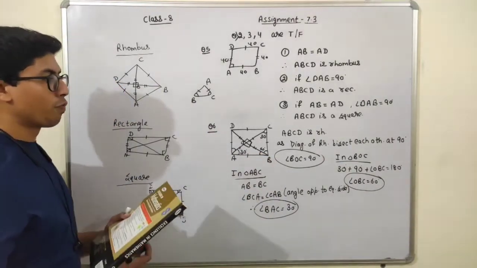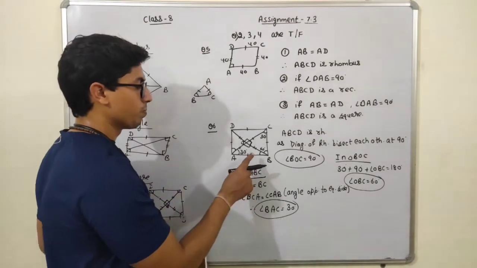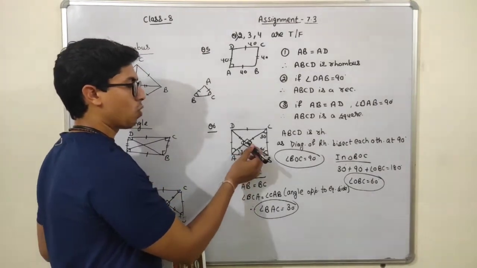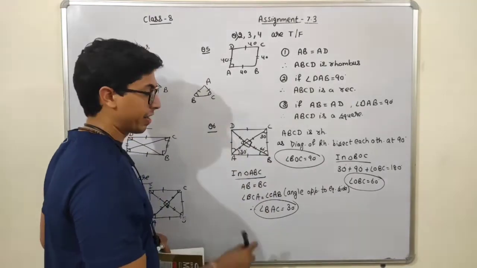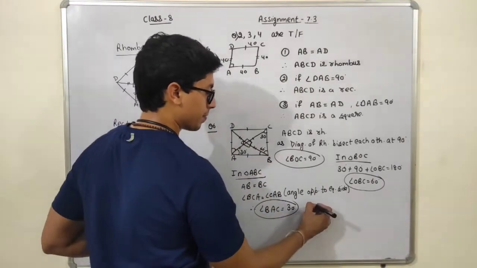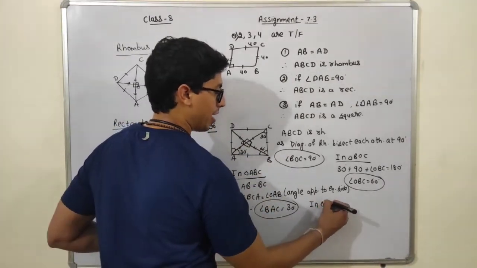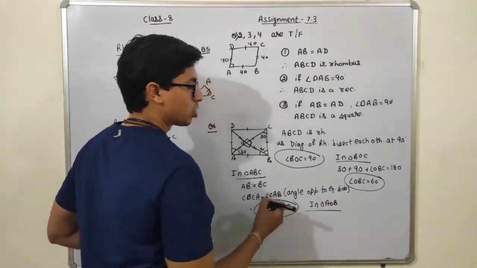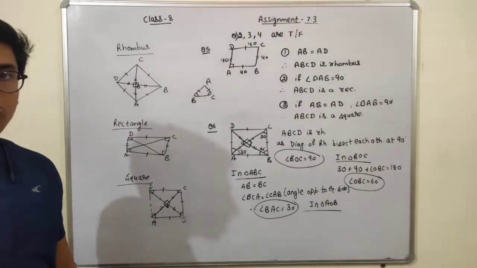To find this angle, I can take triangle AOB. The sum of the angles of a triangle is 180 degrees.